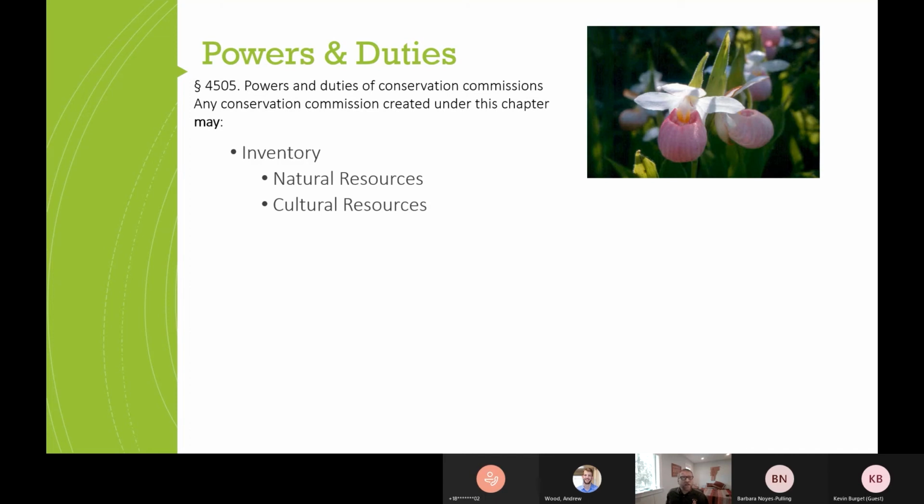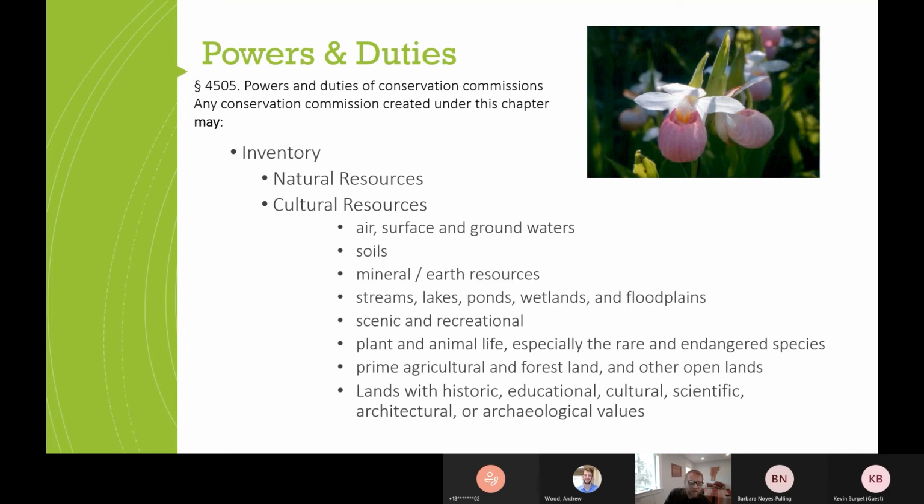Okay, so the first thing is inventory, and those are natural and cultural resources. And so here we're talking about concepts like air, surface water, soils, minerals, streams, scenic and recreational resources, plant and animal life, agricultural lands, forest lands, other open lands, lands with historic, educational, cultural, scientific, architectural, or archaeological values.